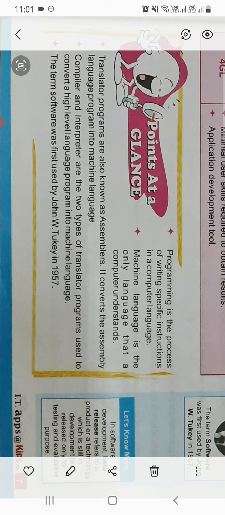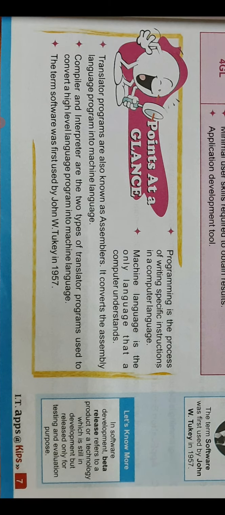Next, points at a glance. What are the main points we have in this chapter? Programming is the process of writing specific instructions in a computer language.